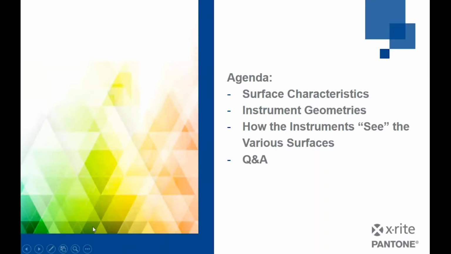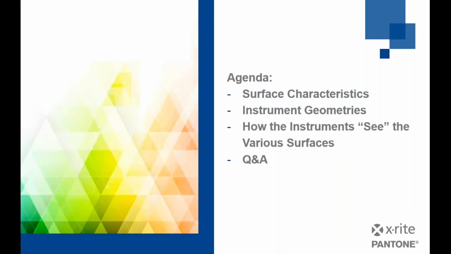So our agenda today is, first we're going to talk about surface characteristics. Obviously, we're talking about measuring color, but we're really here to talk about measuring color that might be affected, or is affected, by the characteristics of the surface that we are measuring. So we'll talk about a variety of different surfaces.